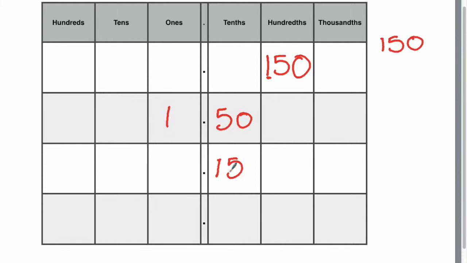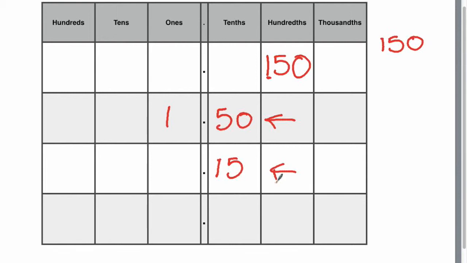So, do you mean to tell me if I have 150 pennies, it's the same as this and it's the same as this? Are they all equal? Give me a thumbs up if they're all equal. 150 hundredths is the same as 1 and 50 tenths and 15 tenths.